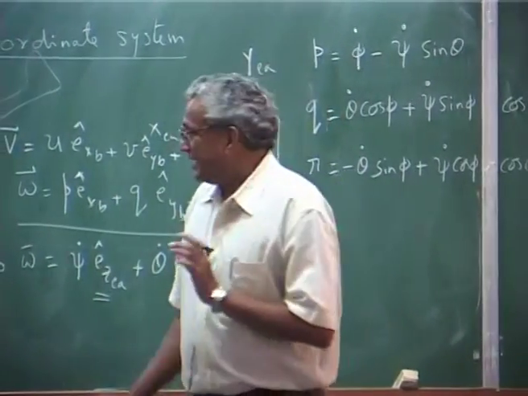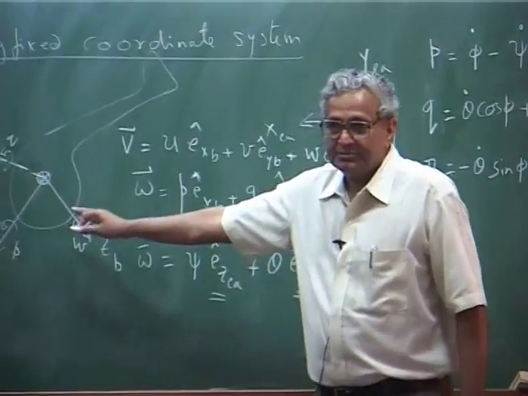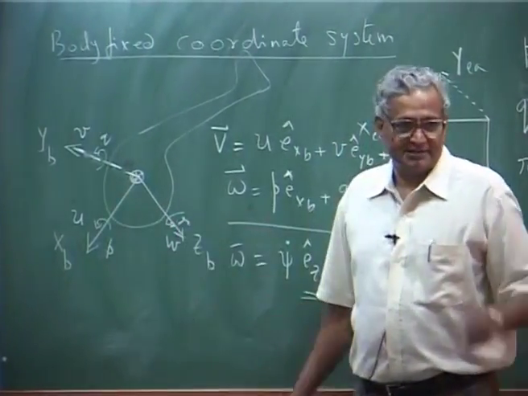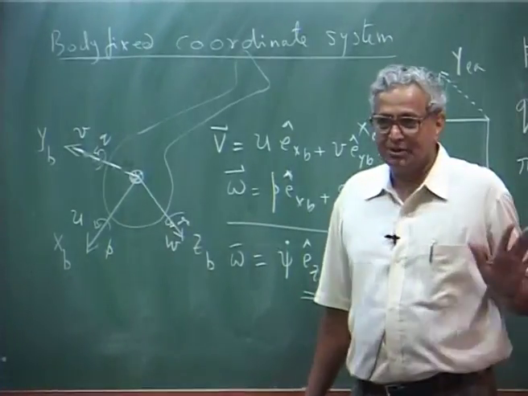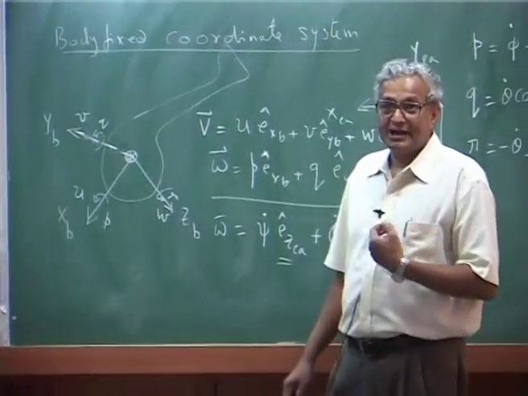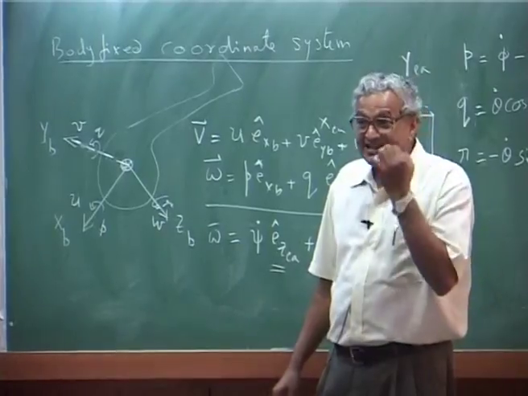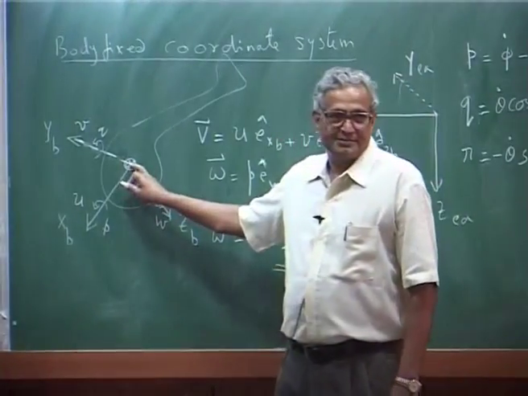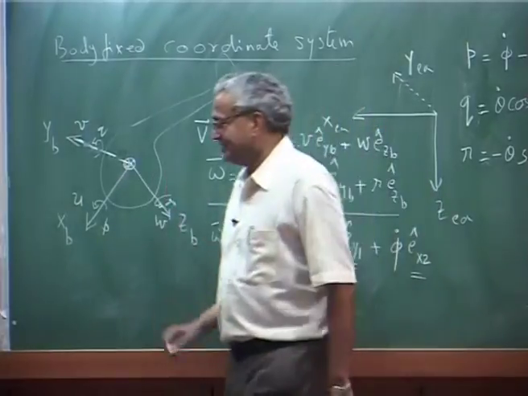Now the question is, I have the velocity and the angular velocity, translational and angular, all. Now I can go and calculate what is the acceleration of the center of mass. Okay.